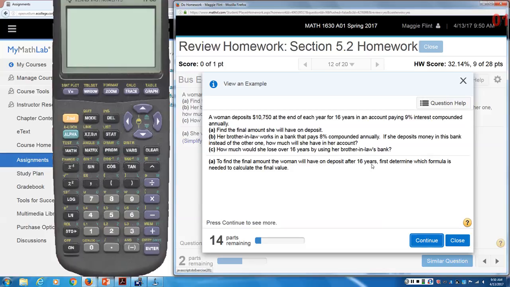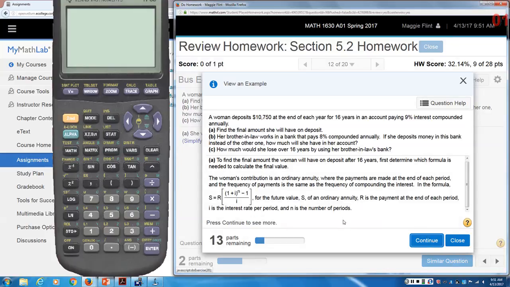To calculate the amount she has on deposit after 16 years, determine which formula is needed. Okay, after 16 years tells you that's in the future. So that means that's actually her future value. Her contribution is what's called an ordinary annuity.